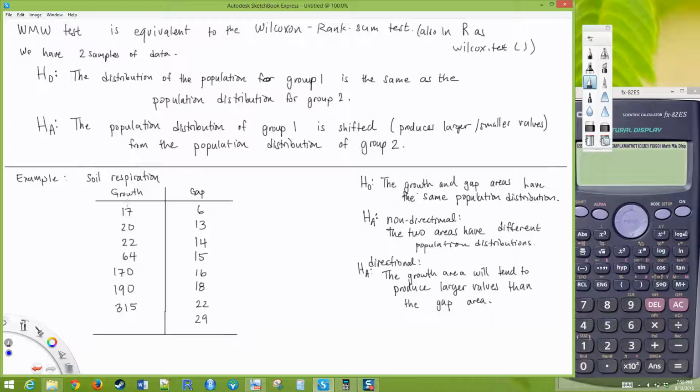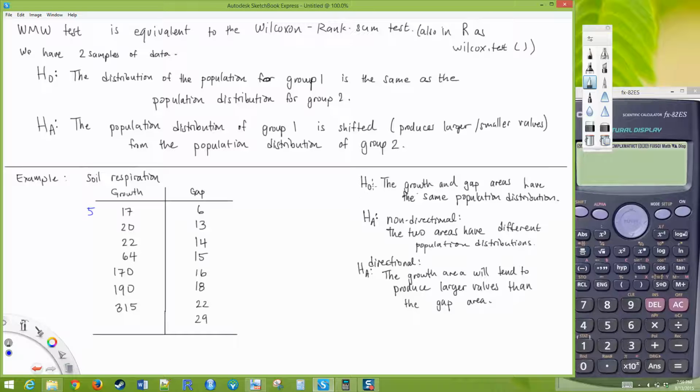But if I had 8 and 8, and looked at this first number and counted how many numbers over here are smaller: this number 17, 1, 2, 3, 4, 5, I'm getting 5 numbers in the other column that are smaller. I'm going to continue doing this.